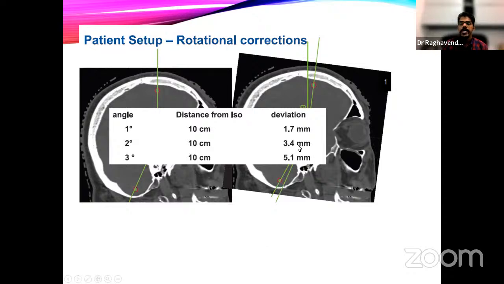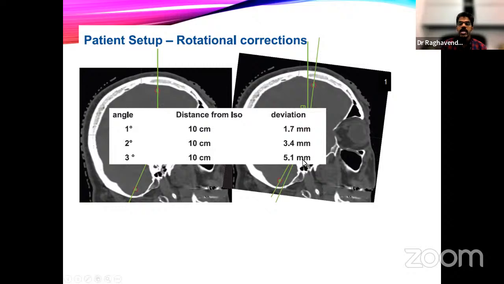You apply a simple Pythagoras correction and you will come to know this. Similarly, if it is a 2 degree angle deviation you are giving as pitch, pitch means it goes in this plane, when you are giving angulation in this plane. If you give a 2 degree angle and the distance from isocenter to the one tumor is 10 centimeter, then that is going to be missed by 3.4 millimeter. So it is not safe to give pitch or any rotational corrections, whatever the system gives. This has to be kept in mind.